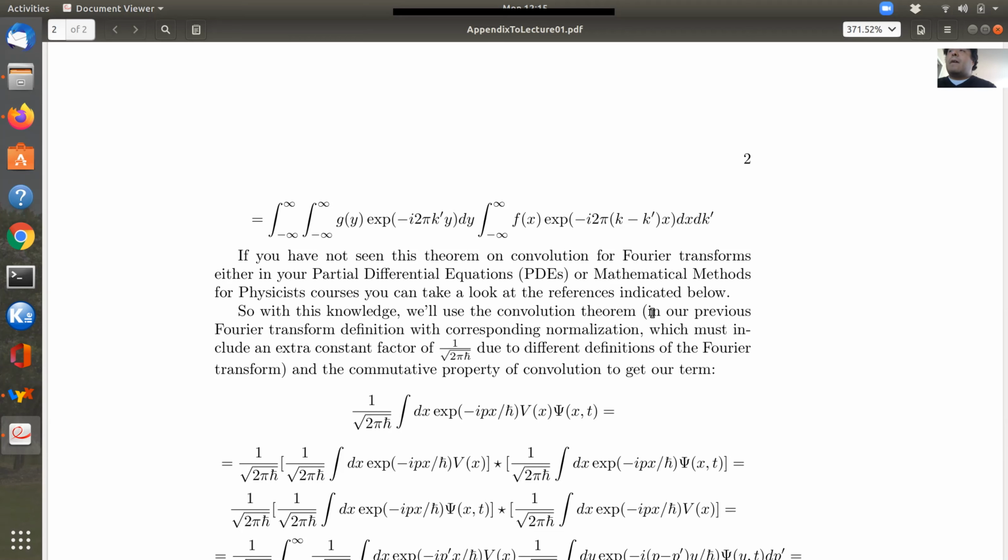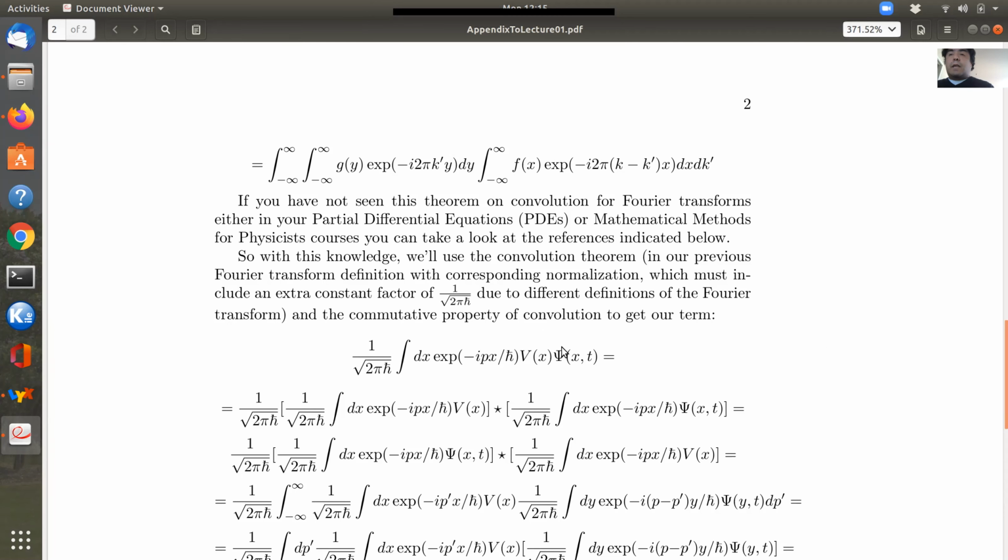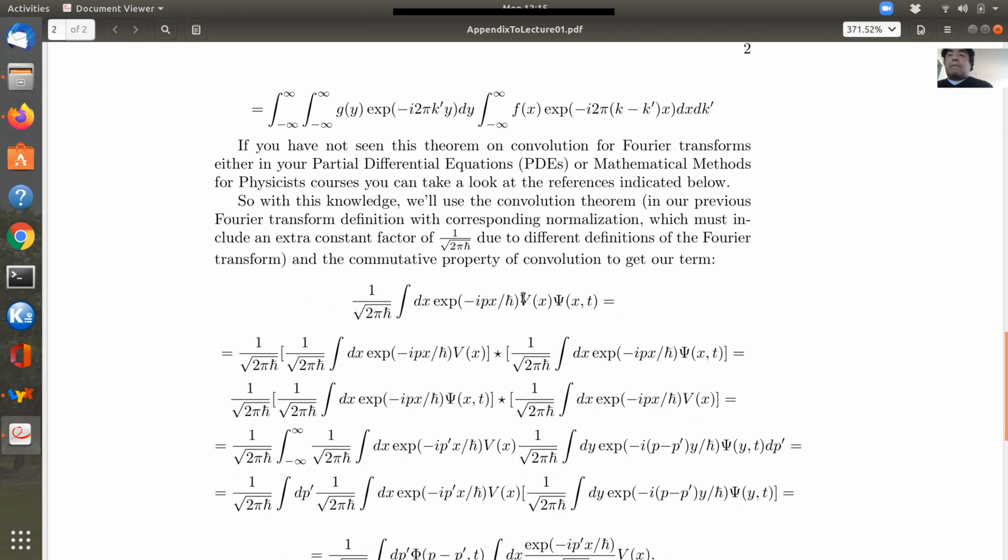to justify our equality. Again, notice this is the definition of the Fourier transform that we used in our notes for lecture 1. So we don't have the factor of 2 pi. And we have this factor of 1 over square root of 2 pi h bar. And we have the Fourier transform of a product nevertheless.